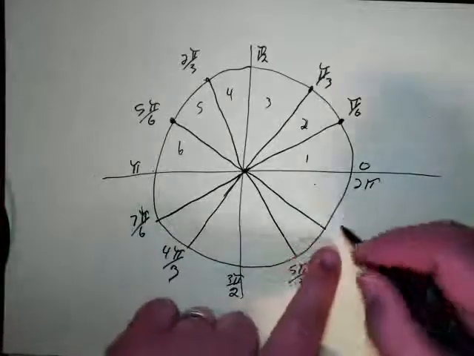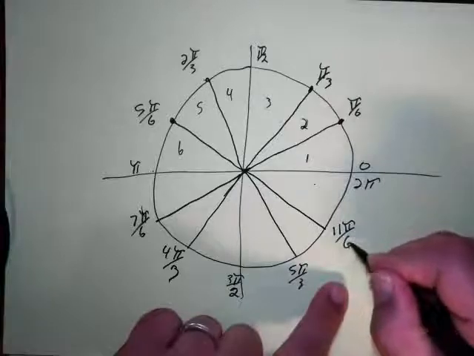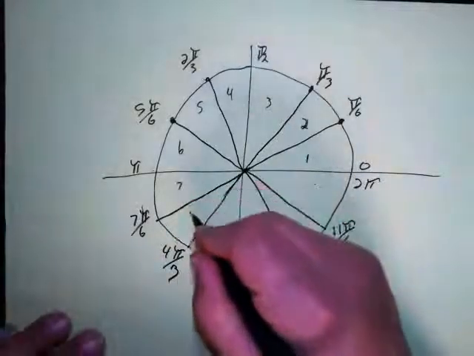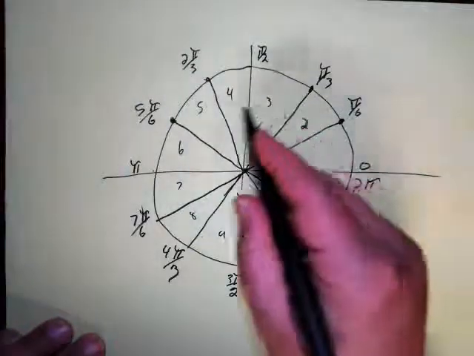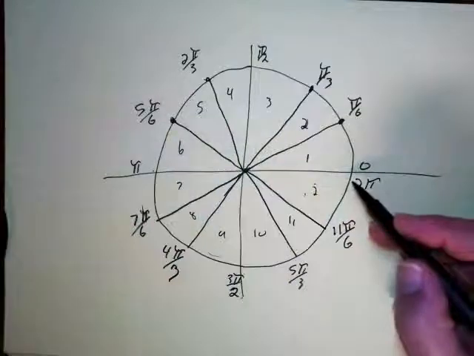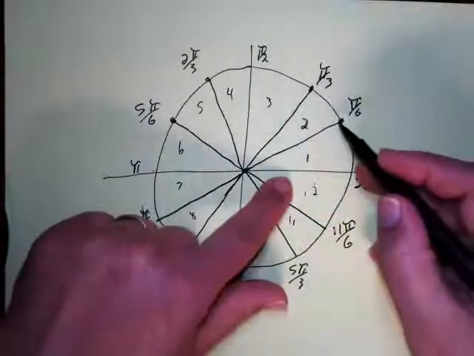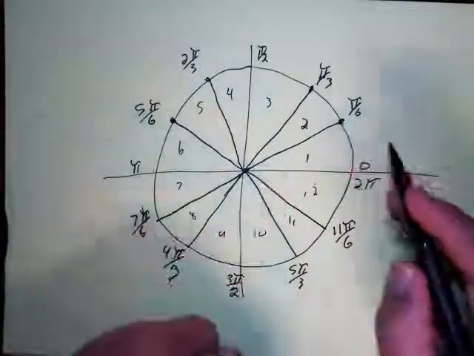So if I go one more, this would be 11 pi over 6, right? And these are like 7, 8, 9, 10, 11, 12. So there's 12 pi's over 6 around the circle. If I back up one, that would be 11, right? And if I go all the way around and stop here, there's 12 pi's. This would be 13 pi over 6, right?